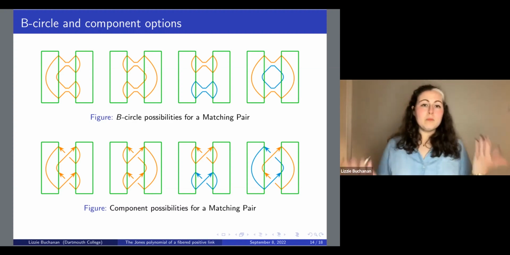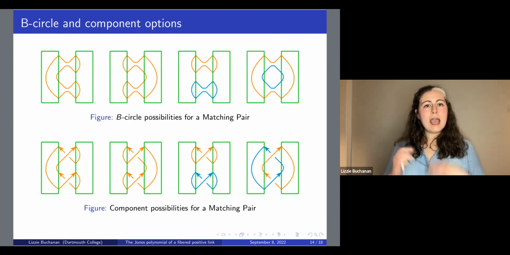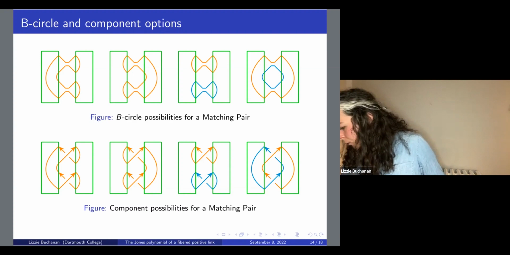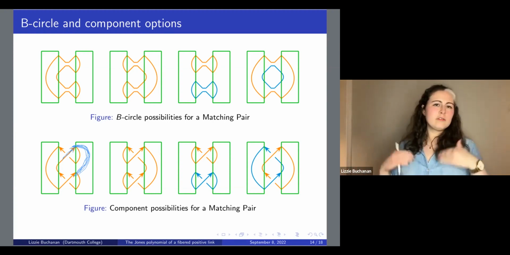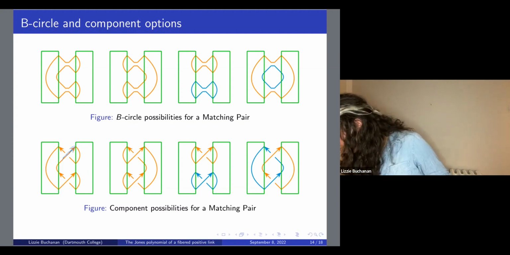And now, of course, link components certainly can cross over one another. But here for the components, the added restriction is, well, certainly the components have to follow the orientation. So since we're drawing in, okay, here's our matching pair, it would be impossible for me to, for example, connect the link components up like this, because then I would be violating the pre-prescribed orientation of our link diagram.